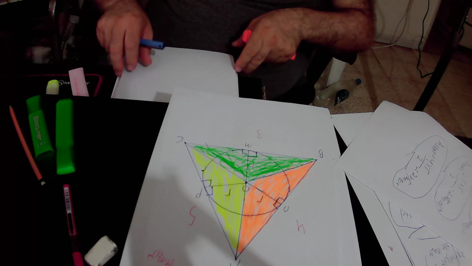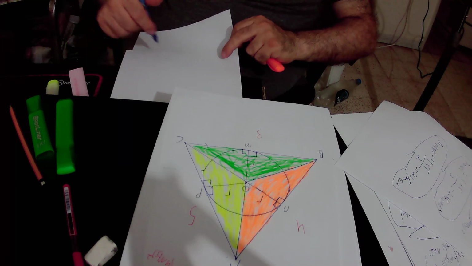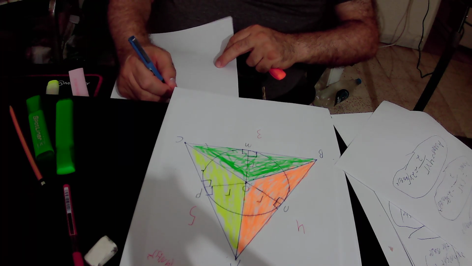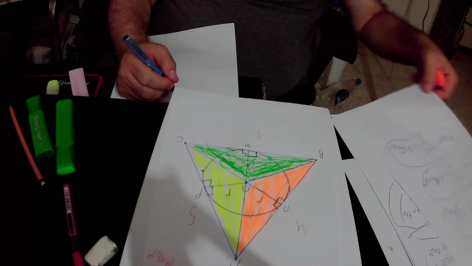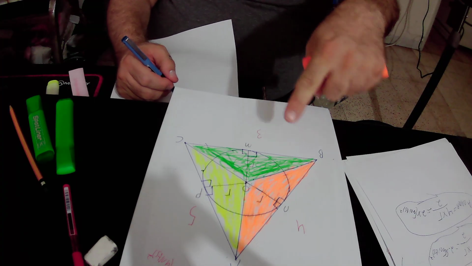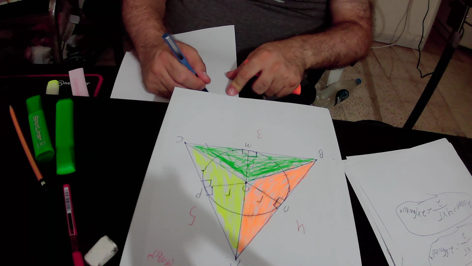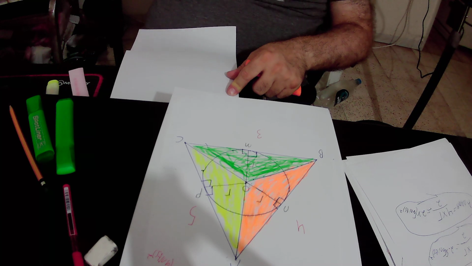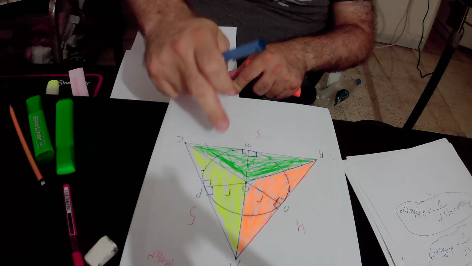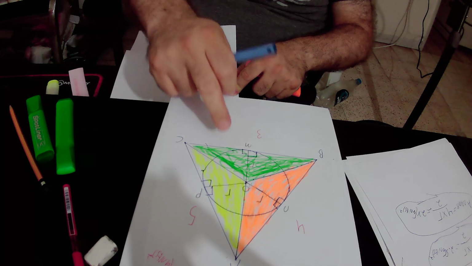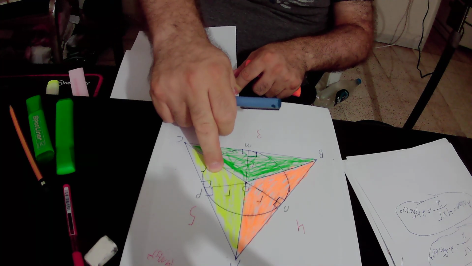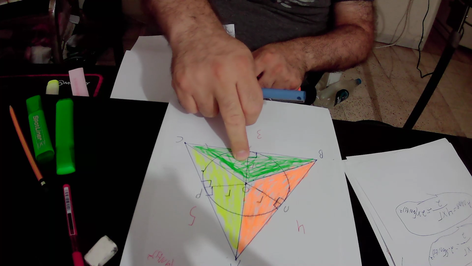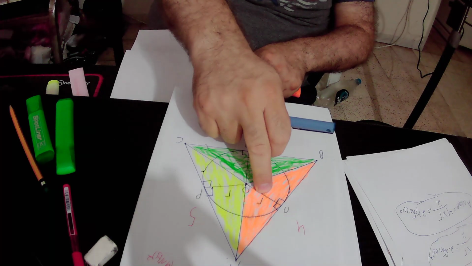But actually the area of triangle ABC is the sum of the areas of the yellow triangle plus the area of the green triangle plus the area of the orange triangle.